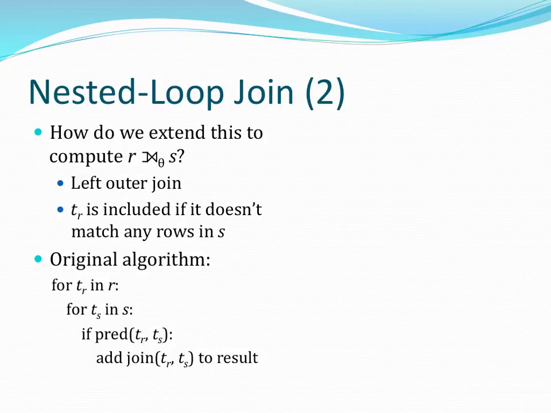Would we put it after the if? Think about it. We can only include T sub R in the left outer join as an outer join tuple if it matches nothing in S.